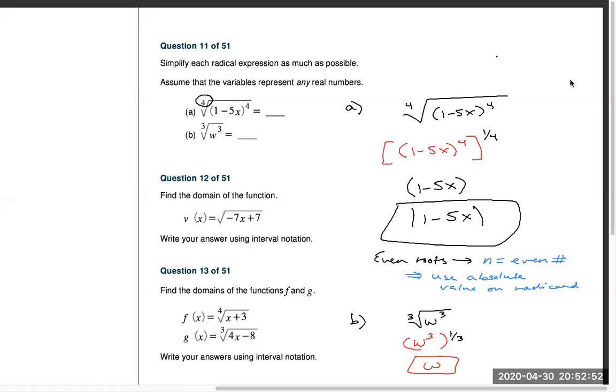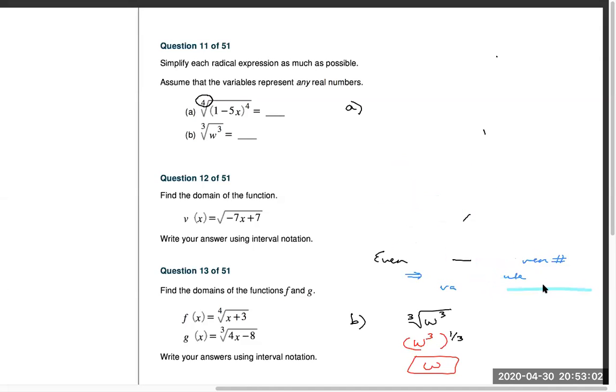Let me save that. And then one more way that you can think about both of these problems. Let me go ahead and erase. All right, I have my fourth root. 1 minus 5x, the quantity to the fourth, that's essentially writing your 1 minus 5x 4 times multiplied together.